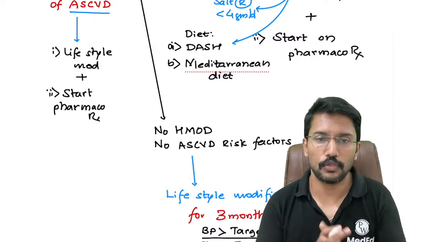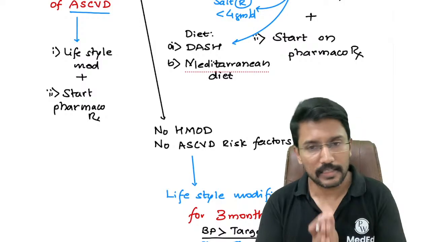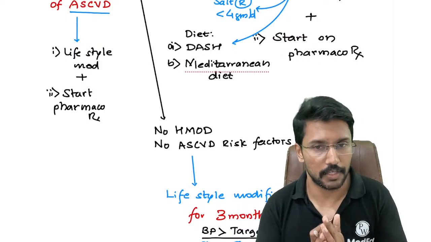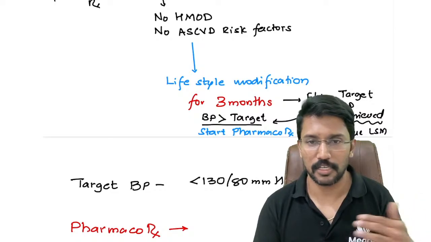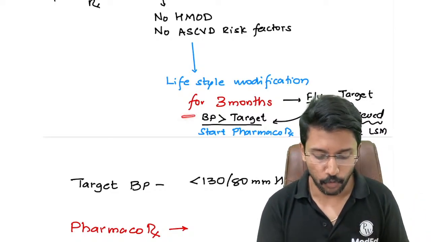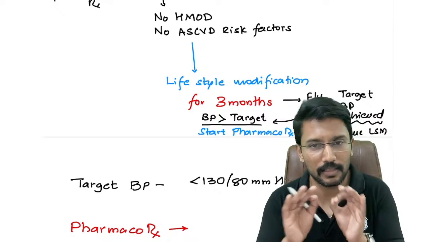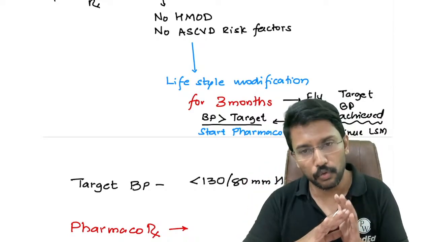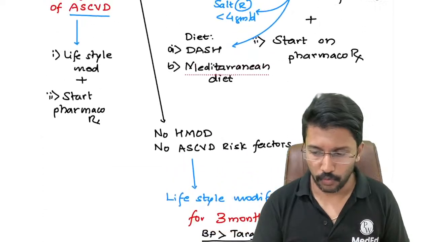Those risk factors are also not there. No organ damage at this point of time. Such patients, we don't need to jump to start medications. Just put them on the lifestyle modification, salt restriction, DASH diet or Mediterranean diet, and then follow them up. As long as BP remains in the specific control target, you don't need to start the medications in them. Every 3 months, you can follow them up.